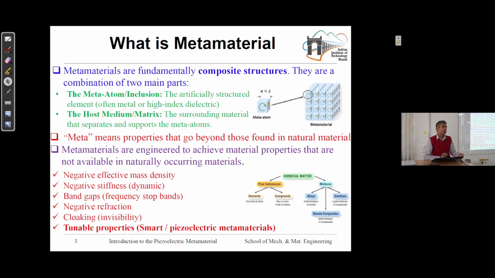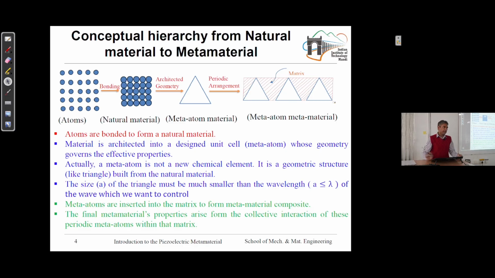If we make piezoelectric metamaterial, in that case we can control or tune the properties according to our wish. That is the advantage of piezoelectric metamaterial. So these are very high-level demandable, that is piezoelectric metamaterials.